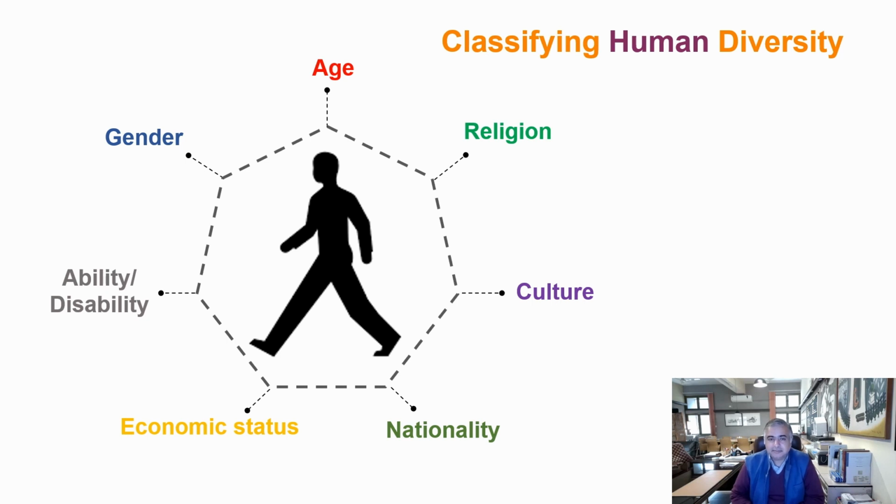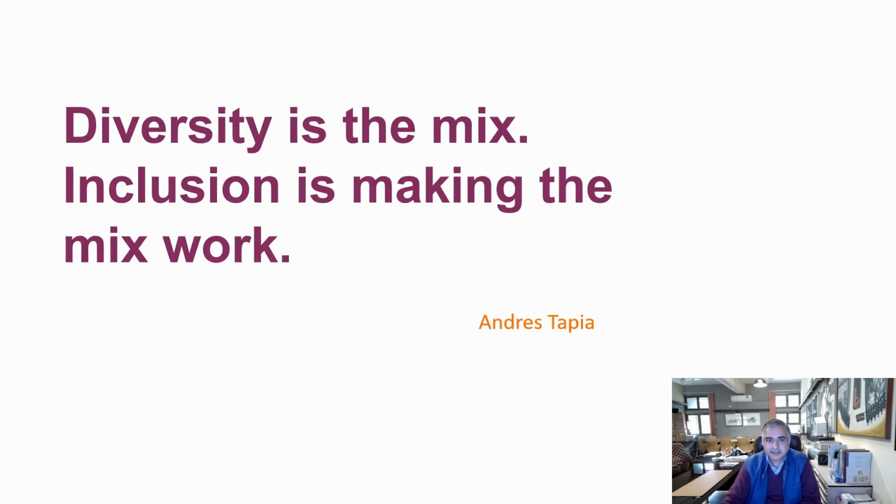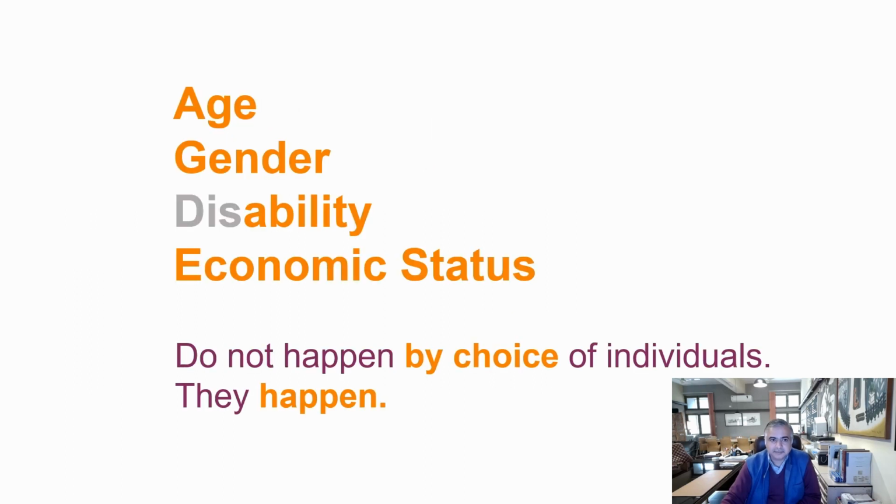They must become part of one holistic diversity, which is human. We believe the land of Bhutan would definitely be progressive enough to take this perspective and will understand that diversity is the mix and inclusion is making the mix work.